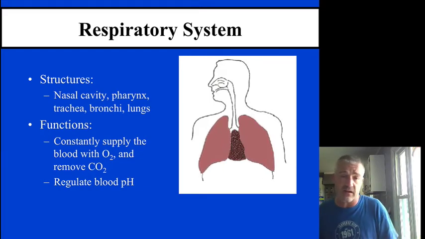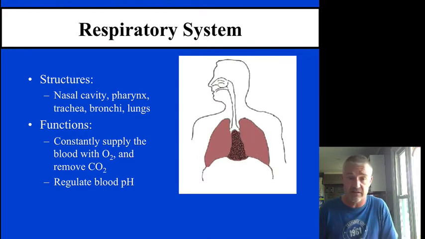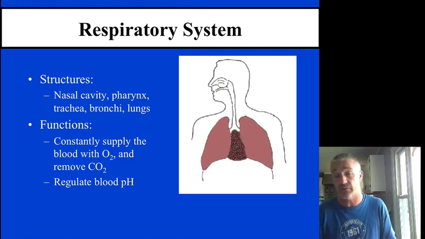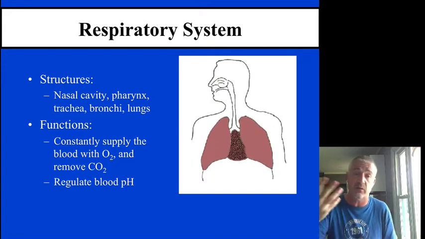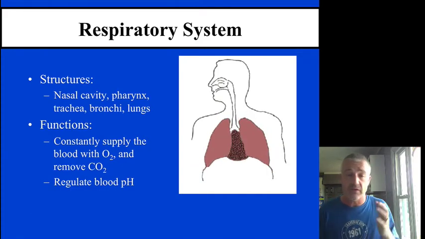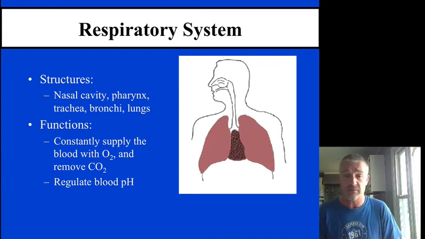One of the byproducts of breaking down these nutrients to generate that energy is CO2, and we need to get rid of that. So the breathing in and out is about bringing in oxygen for our cells to keep working and removing the waste product of CO2. Because of how we carry CO2 especially in the bloodstream, the respiratory system is also a very big regulator of blood pH.